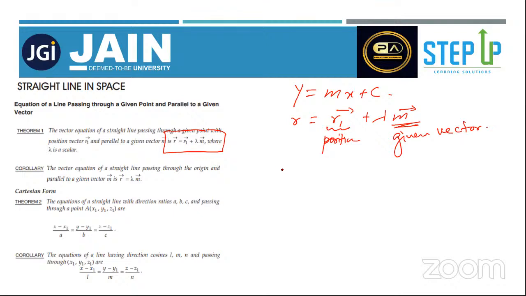What is the Cartesian form for this? x minus x1 divided by a, y minus y1 divided by b, z minus z1 divided by c. So it is a, b, and c. Okay.